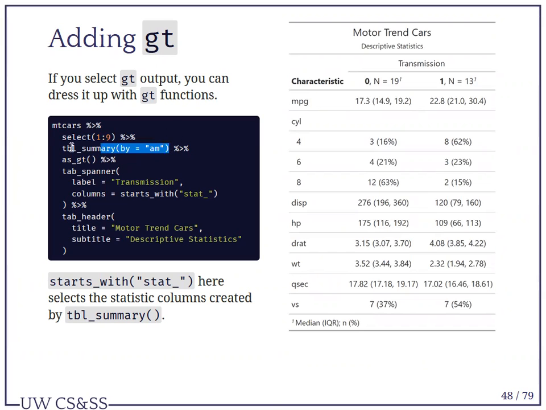So we have our table summary from the last slide, and then we pipe it to as_gt, and then we can span tabs for things like the transmission type, or provide our table headers with the same syntax as before for motor trend cars and descriptive statistics. You can also specify what kind of statistics that you want using the starts_with stat underscore. I would say look into the helper for table summary to see more about that.